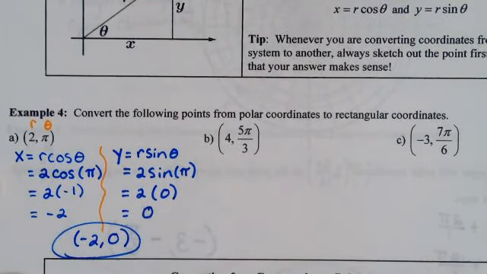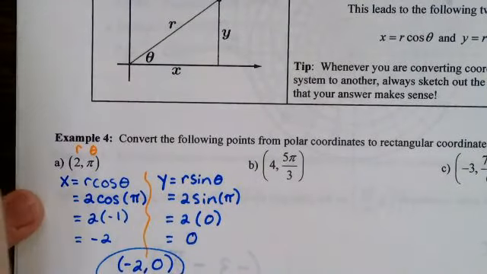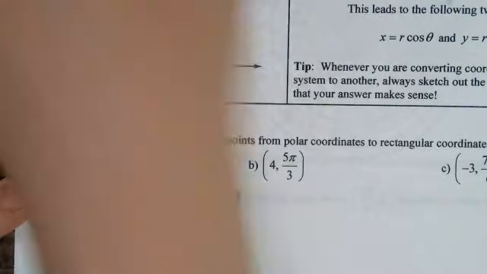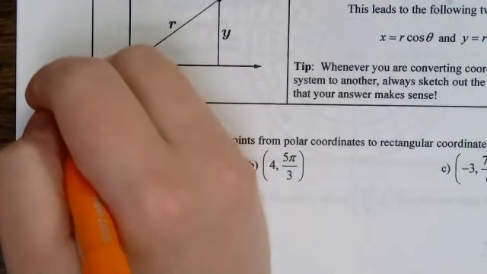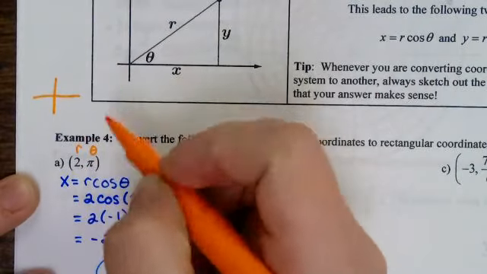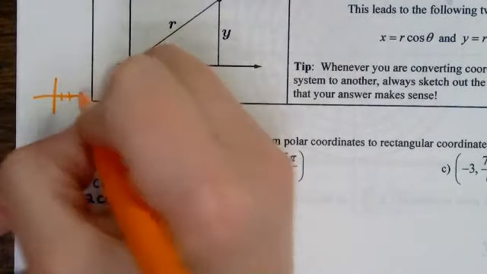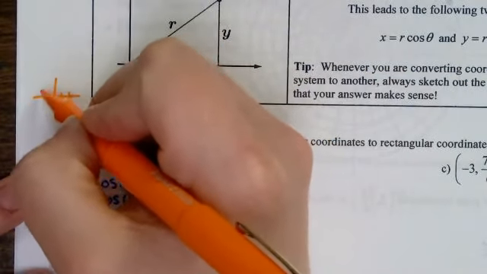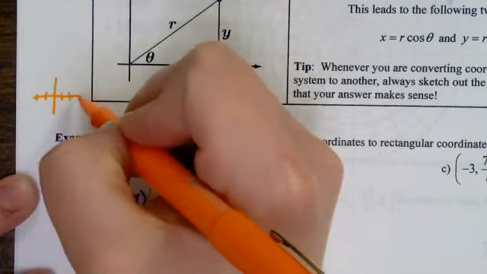Ta-da! Now, you can try to decide if that makes sense or not, right? If you were to imagine this being on your polar system, if I was looking at (2, pi), I'd be going out 2, but then pi means that I need to wrap around my polar system to the other side.